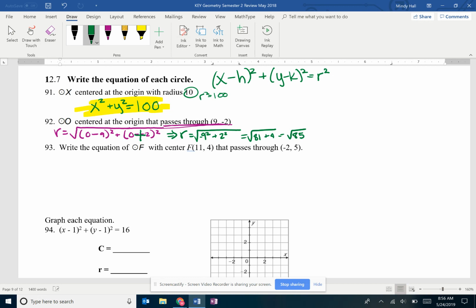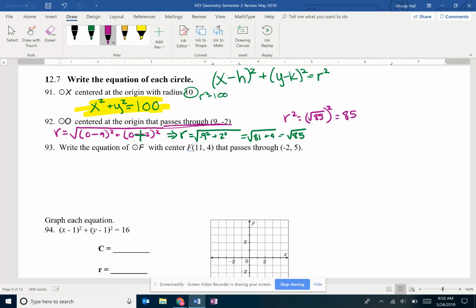So again, this is the radius. So if I want my radius squared, is going to be the square root of 85 squared. But when you square a radical, you just make the radical disappear basically. So then my r squared is just 85.